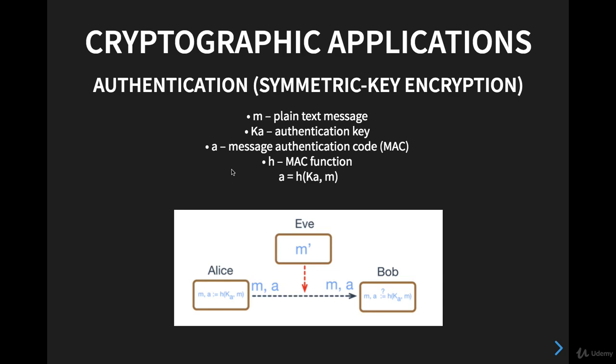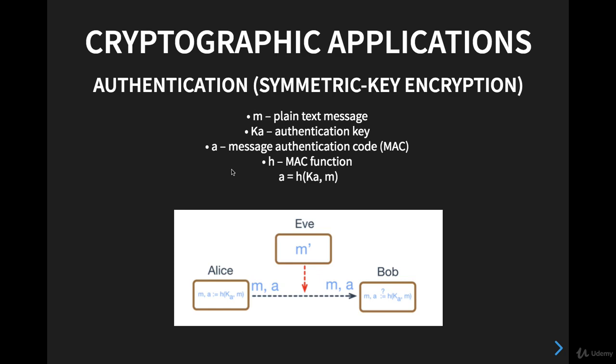So for Alice to proceed with the authentication, she has the plain text message and message authentication code. And those are the result from the MAC function with the authentication key and plain text inputs.